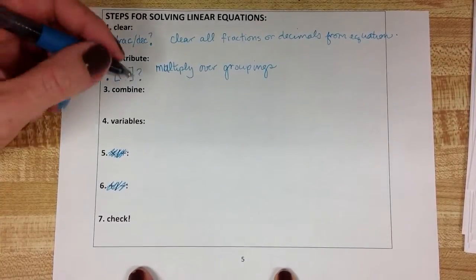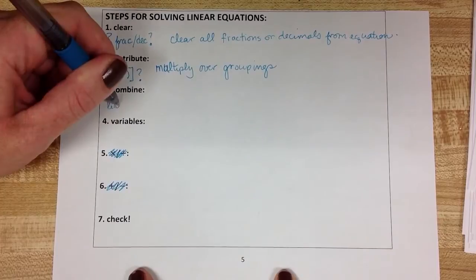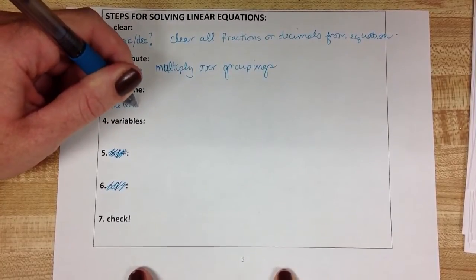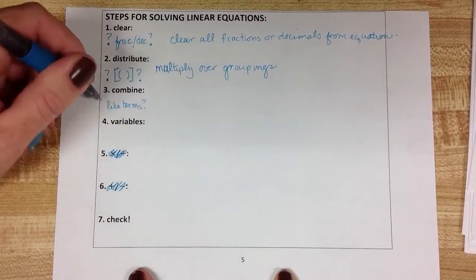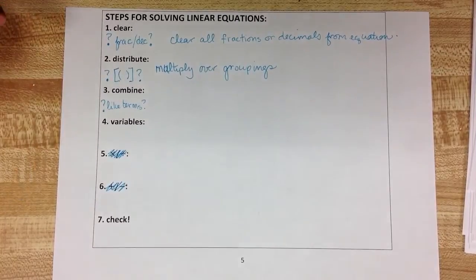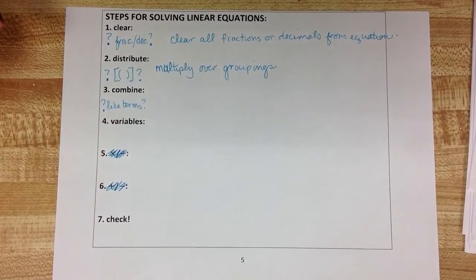The next thing you're going to ask yourself is, are there any like terms in my expressions? Okay, so remember, our equation is really two expressions, an expression on the left side and an expression on the right side.